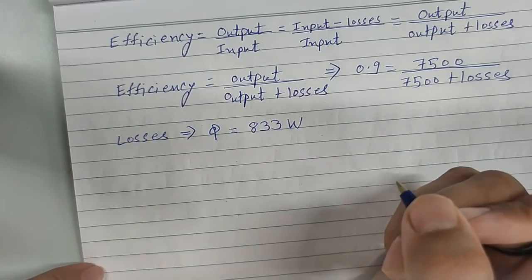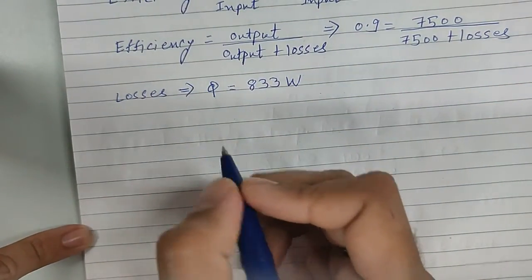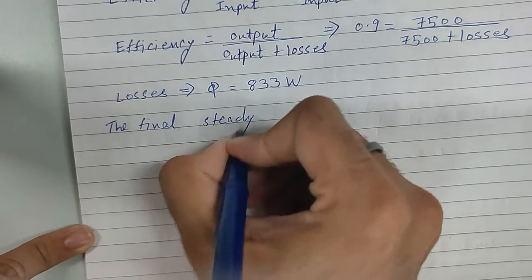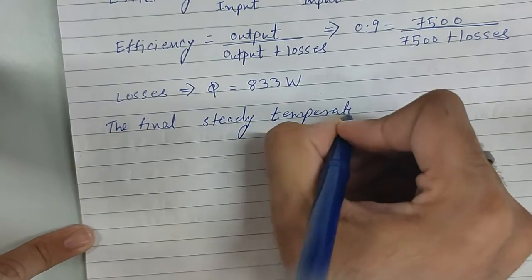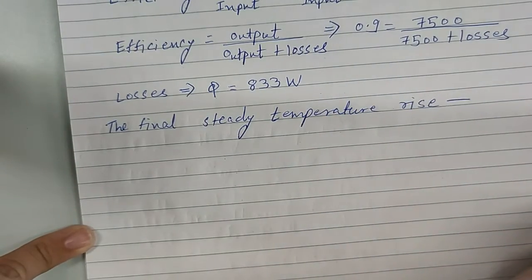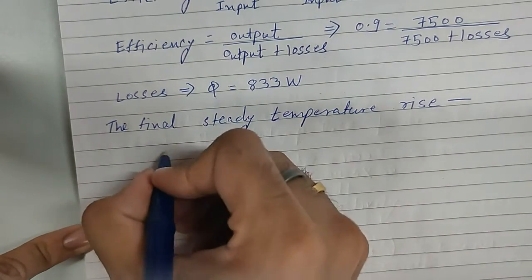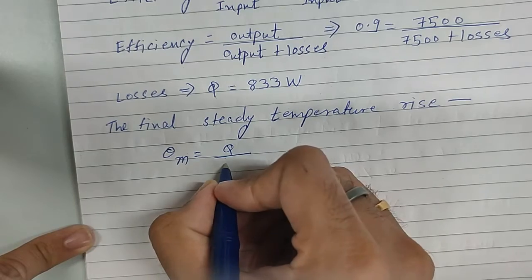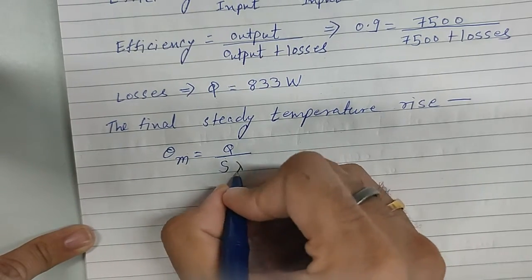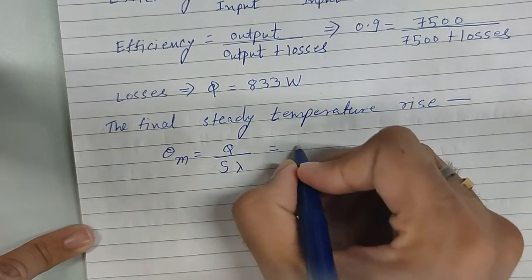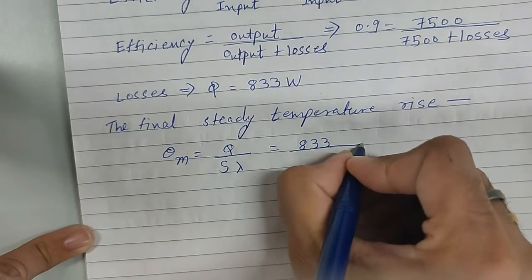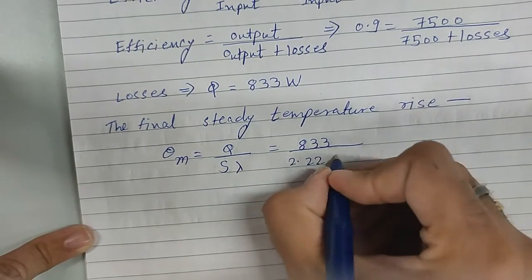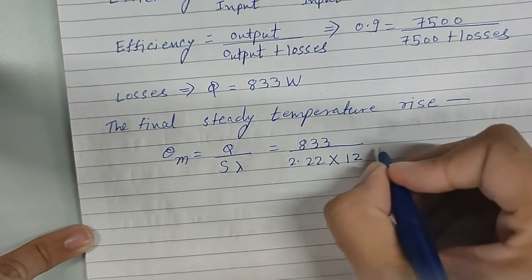So now when I want to find out the final steady temperature rise, it is nothing but, as we have seen in the previous numericals, theta m is equal to Q upon S lambda, where Q is, as we have calculated above, 833 watts, divided by S, which is my dissipating surface, that is 2.26, multiplied by lambda, whose value is 12.